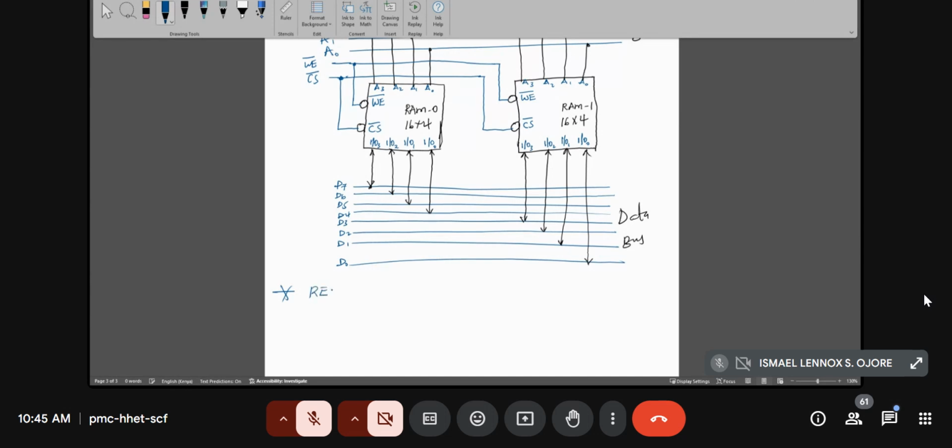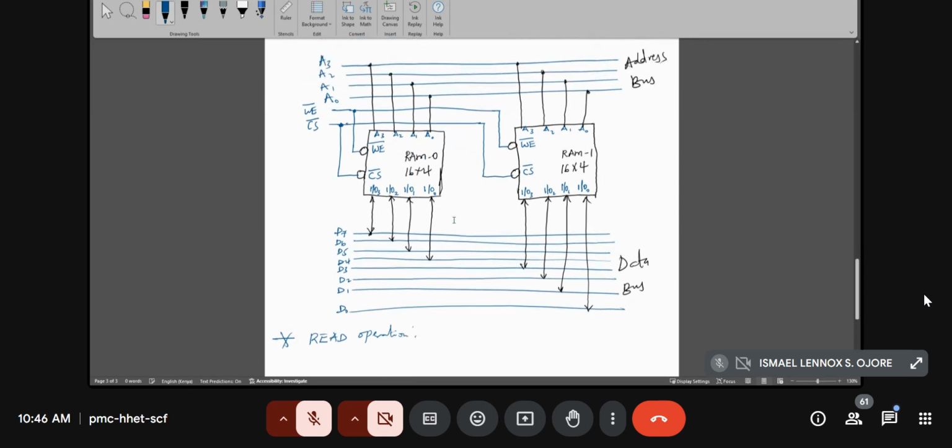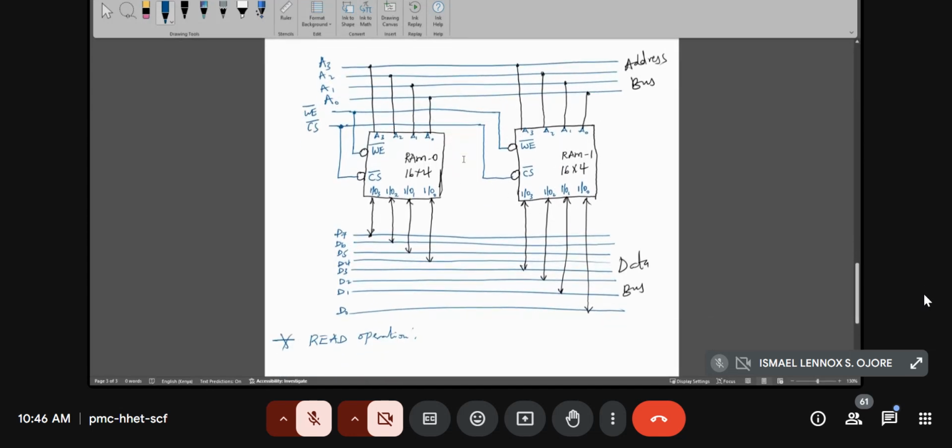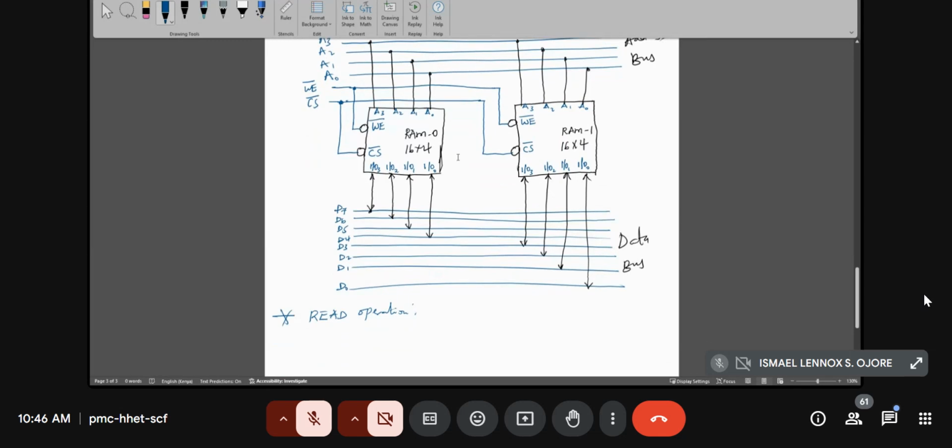So let us look at a read operation for this resulting memory. So if we want to perform a read operation, we have the 2 control signals, the chip select and the write enable.